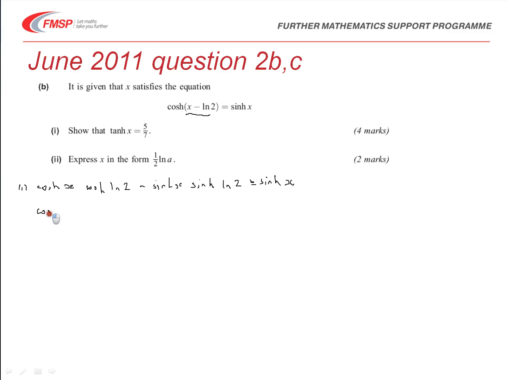We're going to get cosh of ln2 is going to be e to the ln2 plus e to the minus ln2 over 2. Well, e to the ln2 will be 2, because the e function and the log function are inverses. E to the minus ln2 is the reciprocal of that, which is going to be a half, so that's 2 plus a half, so that's 2.5, or 5 over 2, and that's divided by 2 again, so that becomes 5 over 4.